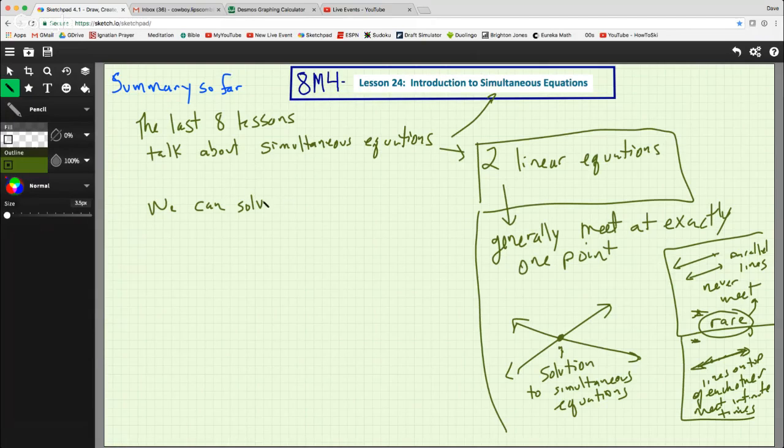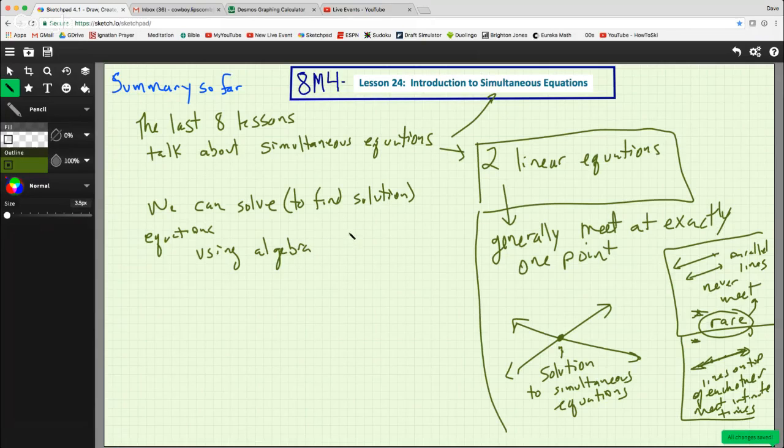So we can solve, which means to find the solution. We can find the solution where they meet using algebra.